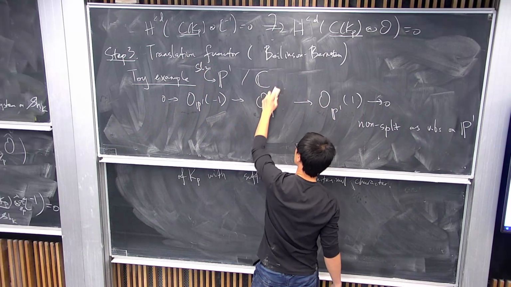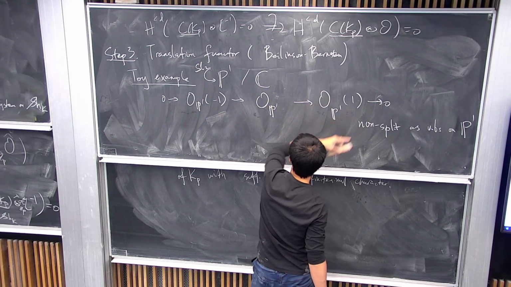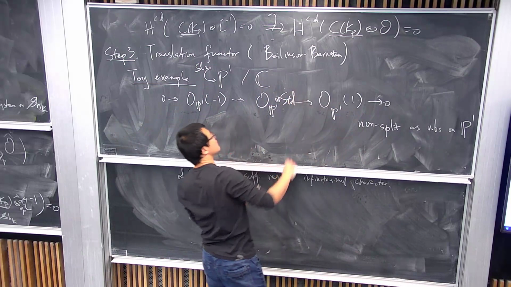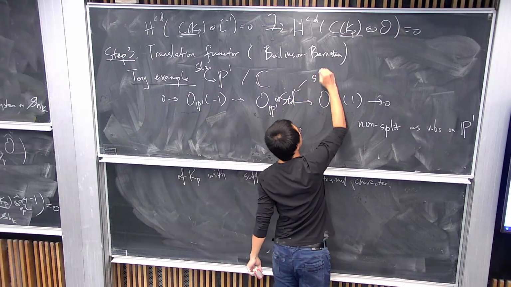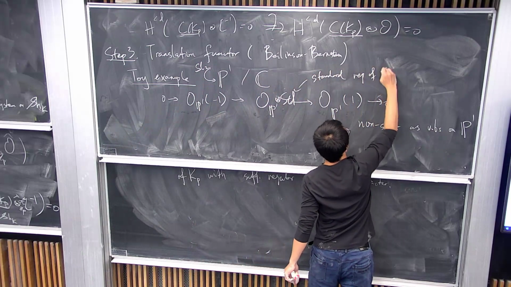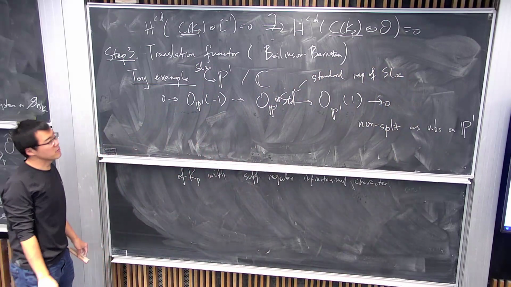As I say, the correct way is the global sections of this line bundle. So the correct one is the standard representation. Then this is SL2-equivariant.